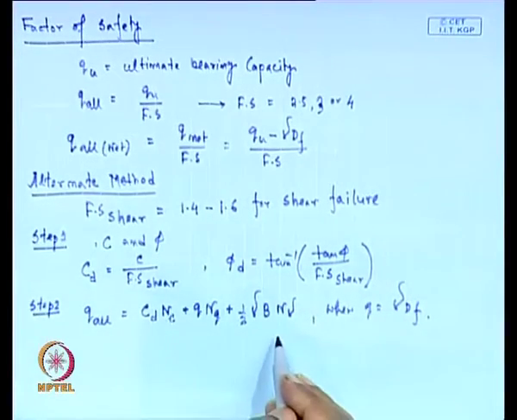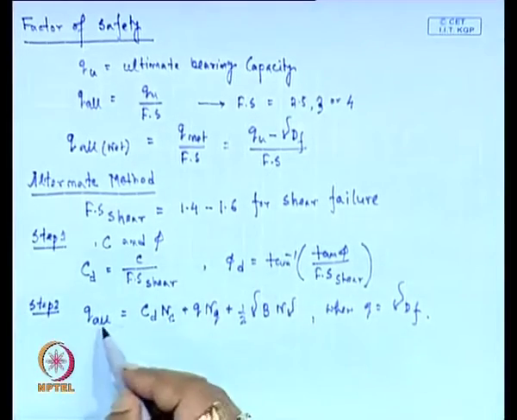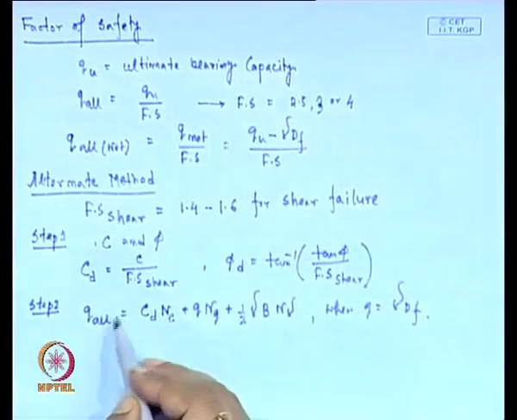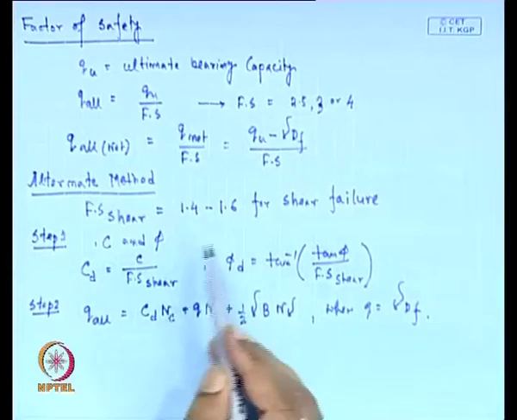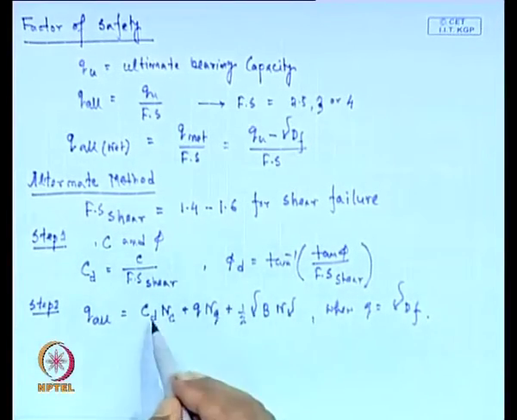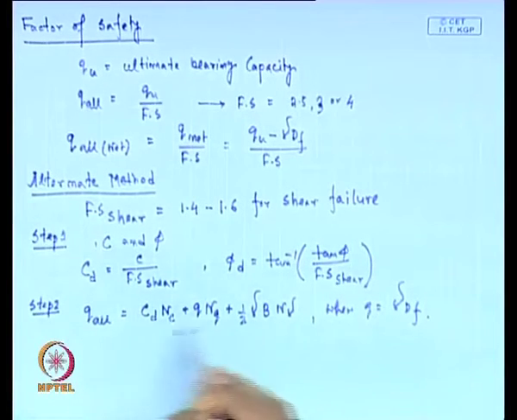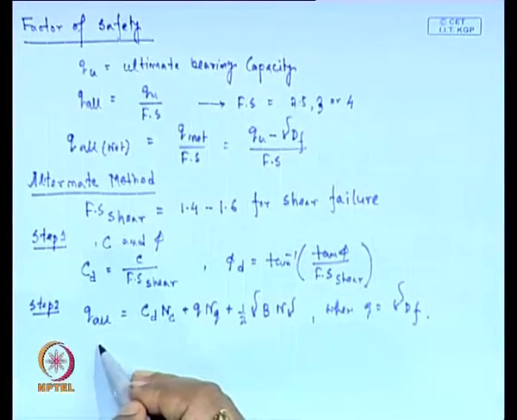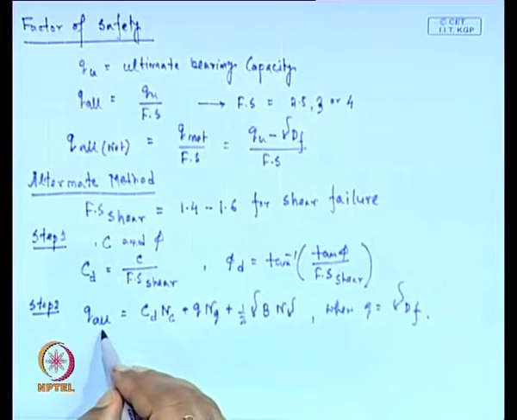Then we need not apply any additional or overall factor of safety. If we adopt this process, then this expression itself will give us the Q allowable.